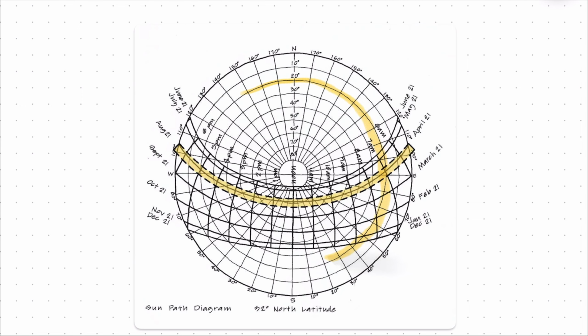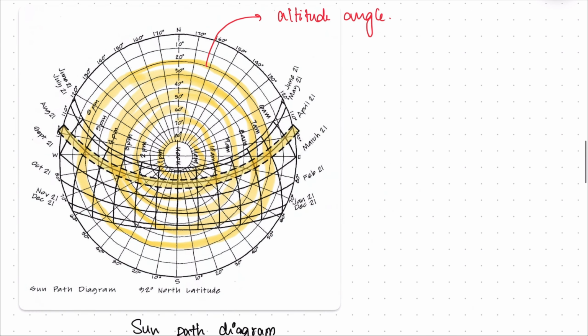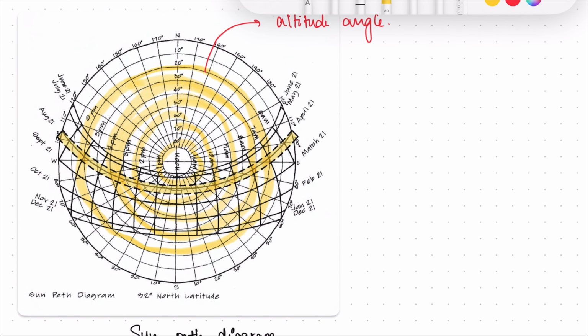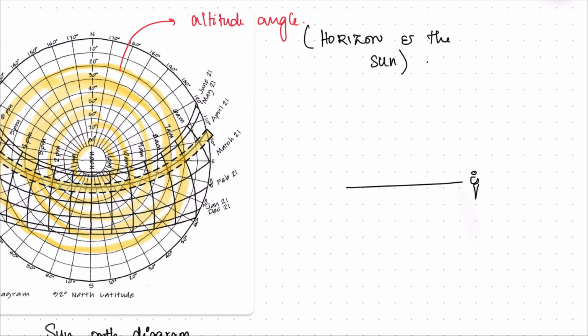Altitude angle can also be called the sun elevation angle, and this is the angle between the horizon and the position of the sun. So imagine you're standing here. This is your horizon, and let's say the sun is here. Then the angle between the sun and your horizon is the altitude angle or the sun elevation angle.